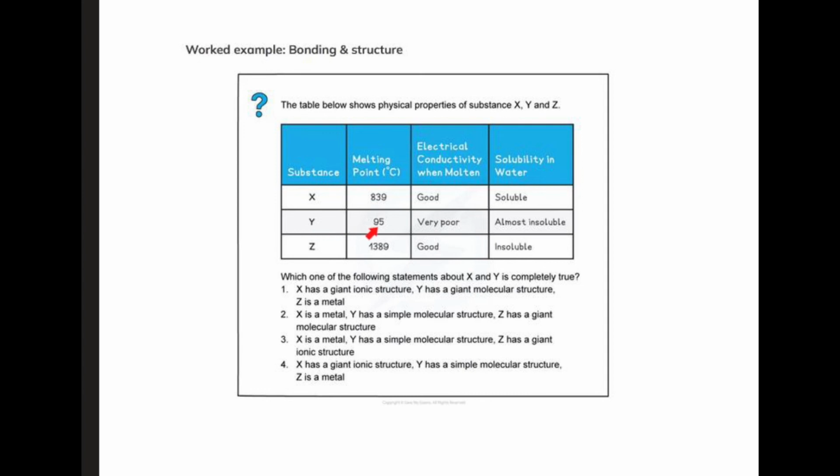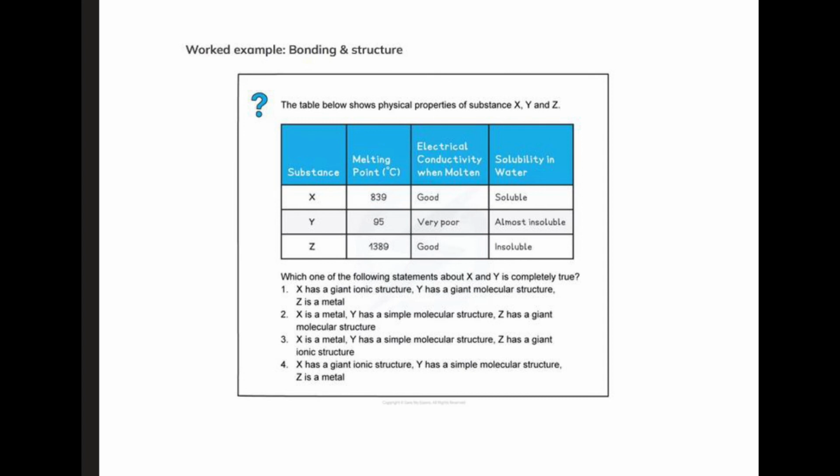Y: 95, very poor, almost insoluble. Z: 1389, four digits, good, insoluble. Which one of the following statements about X and Y is completely true? Think about it, then let me know.